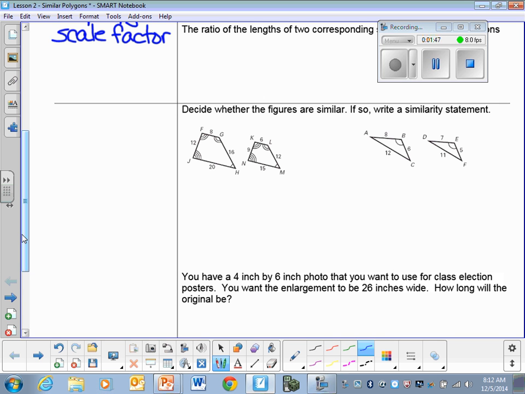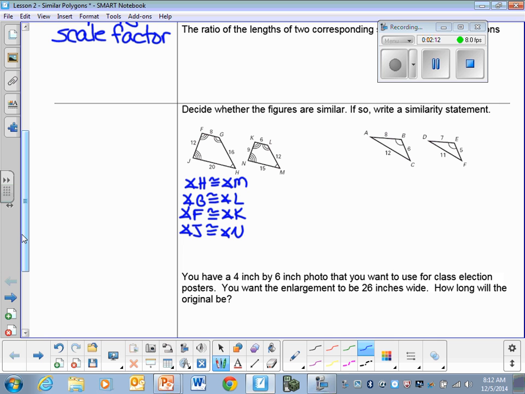So in this case, angle H is congruent to angle M. Angle G is congruent to angle L. Angle F is congruent to angle K. And angle J is congruent to angle N. So I've met the first criteria. All corresponding angles are congruent.